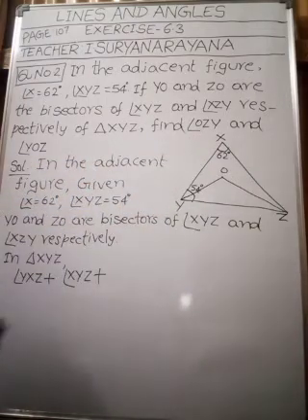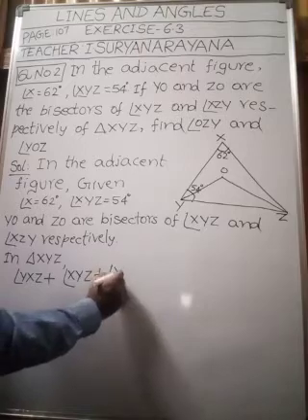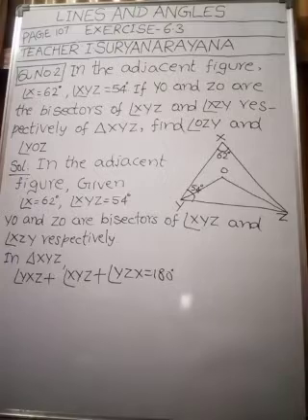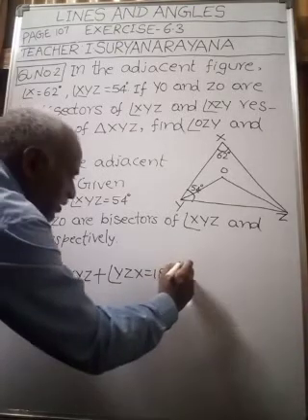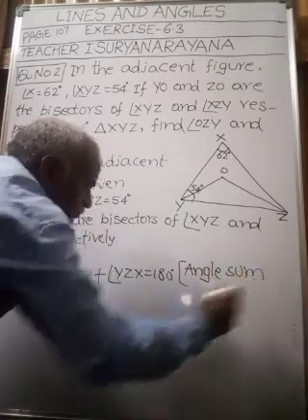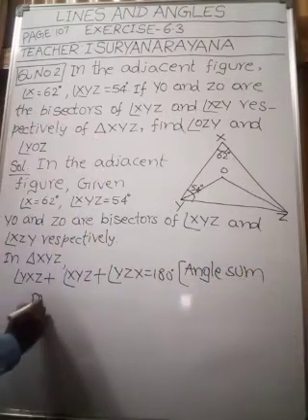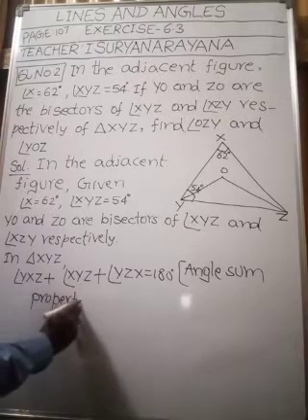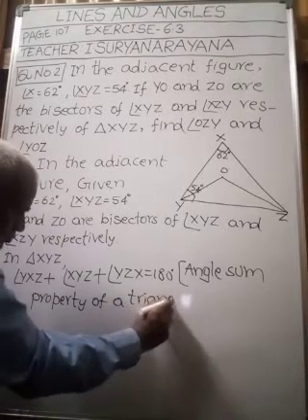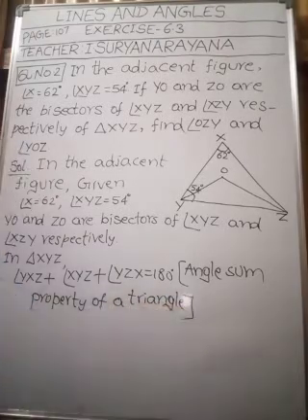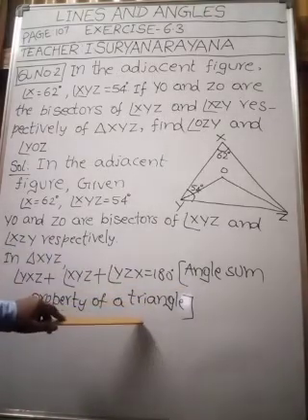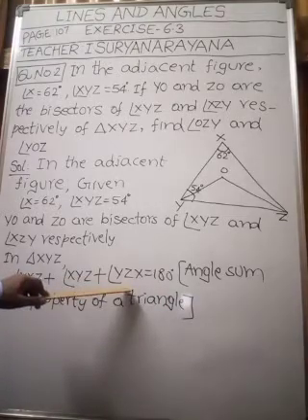Similarly, I will write angle Z by using 3 letters. Angle YZX. Angle sum property. Understood this step, my children? By using the angle sum property of a triangle, we wrote this step.